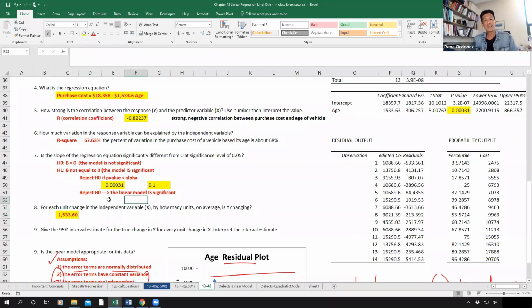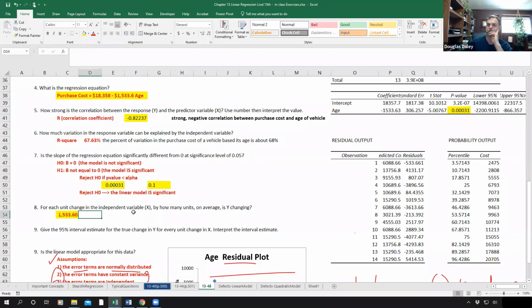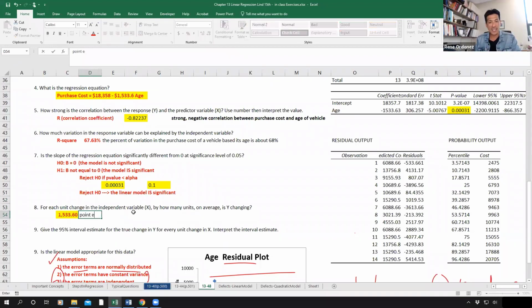You're welcome. So this, we call the point estimate of B, which is the actual slope of the linear model. And so question number 9 says, if this is only the point estimate, give me the 95% interval estimate of the true change in y.